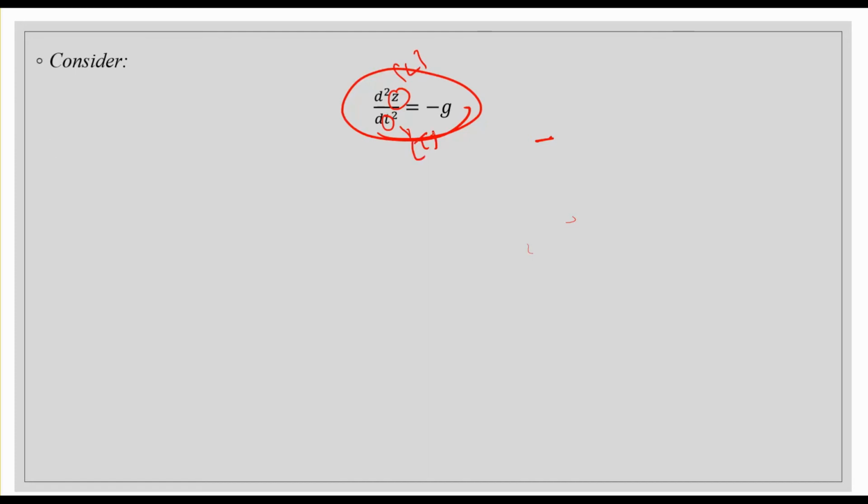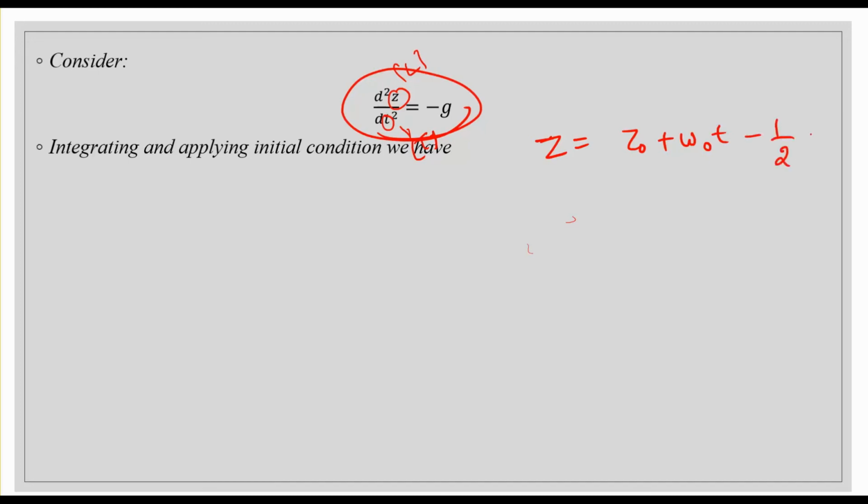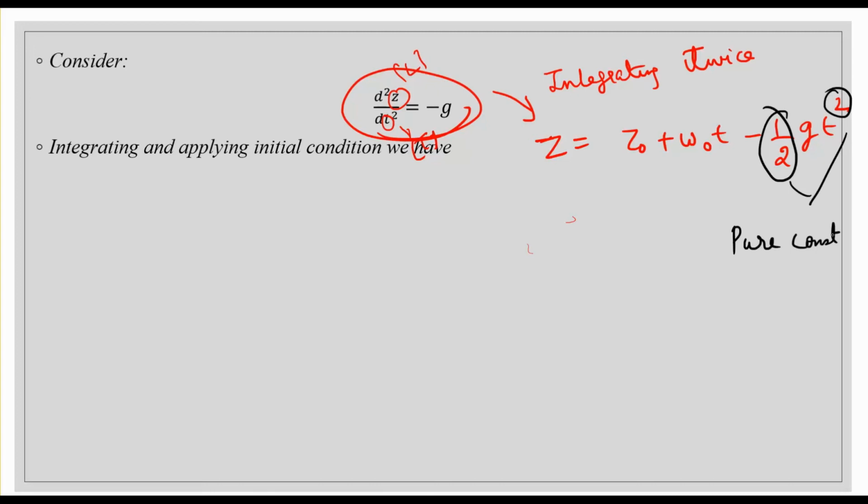We will get the solution as this, where w naught and z naught are the suitable initial conditions, and this will be the solution if you solve this differential equation by integrating twice. Now what are these? This half and this exponent 2 are called pure constants, just like pi and the exponential. So these are also pure constants.